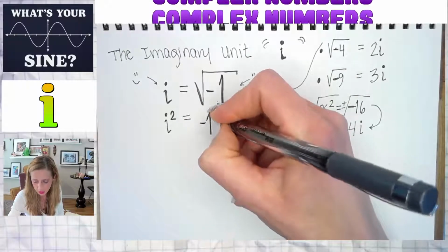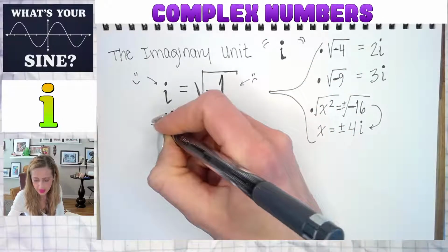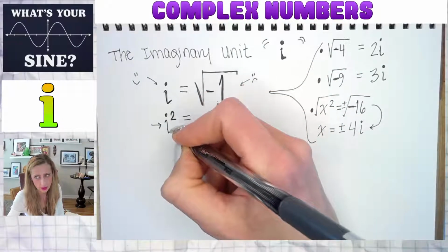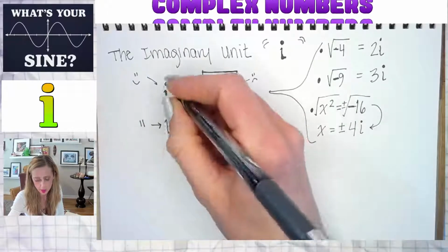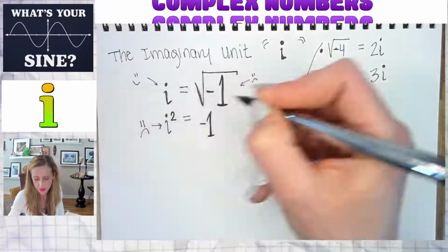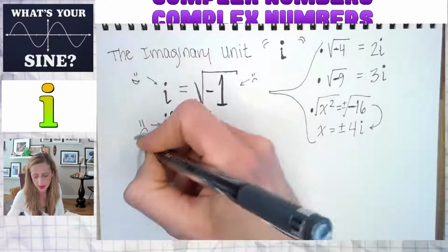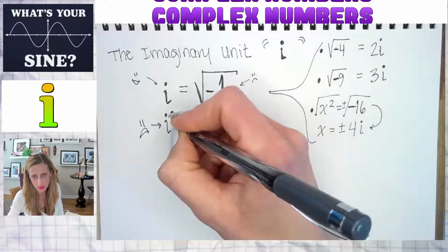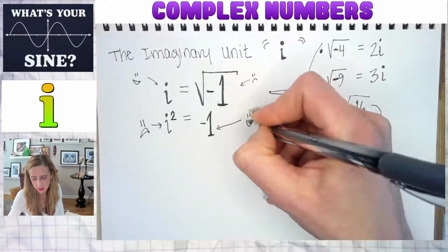But I'm going to throw a little detail in here as well. You will not ever leave i in your problem with an exponent other than an invisible one. Sad face. Here, the left side is good. We like that. Here, we don't like this. -1, we do like. That's good.